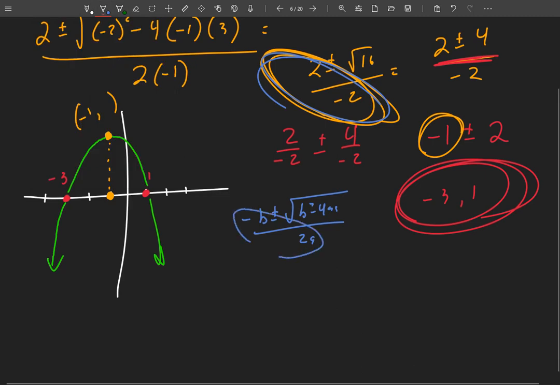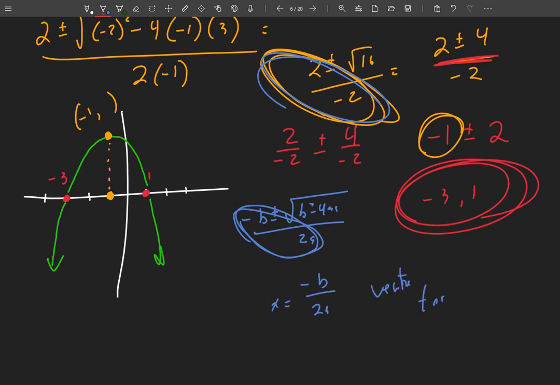It's here, isn't it? Does that look familiar? It should, because that is just -b over what? 2a. That is the vertex formula. This is actually where it comes from. So the vertex formula is simply part of the quadratic formula. It's the part of it before you start separating these roots away from it.